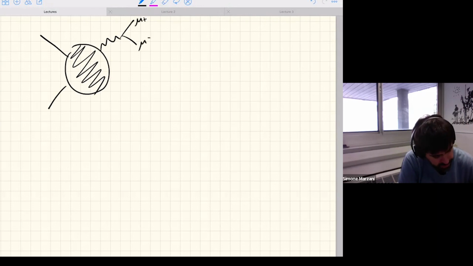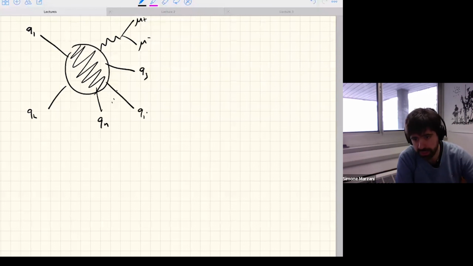Here it's more convenient to label momenta q1, q2, q3, qi. Now let me take my momentum qi, and I'm going to do this for final state radiation, but it's not difficult to also look at the initial state case.